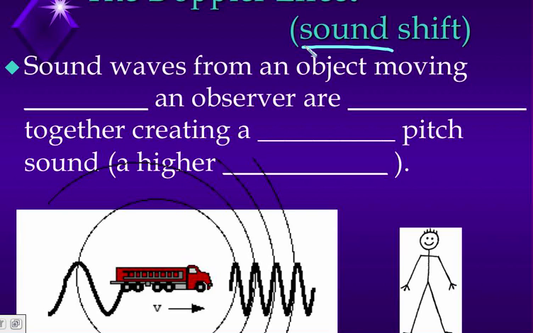Okay? What we notice is that the sound waves from an object moving towards the observer are compressed. So as that object is coming towards you, the sound waves are compressed.